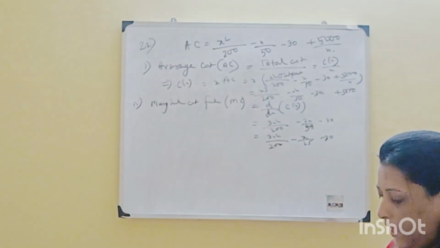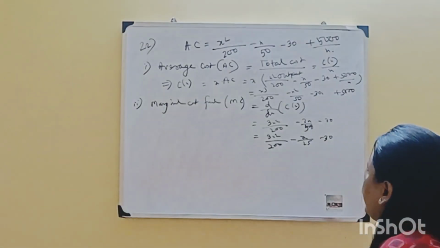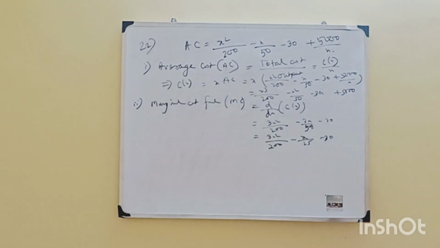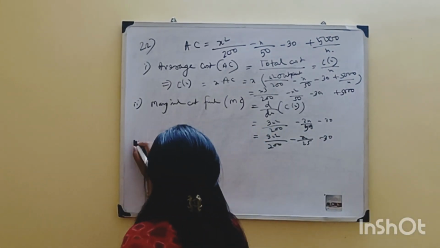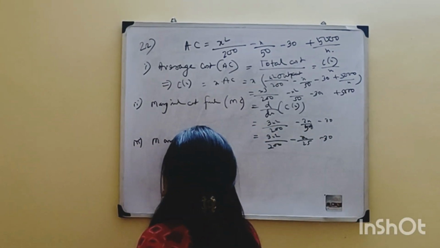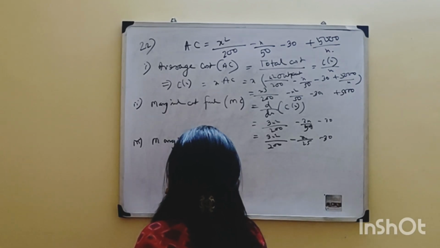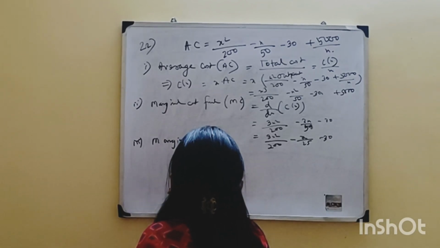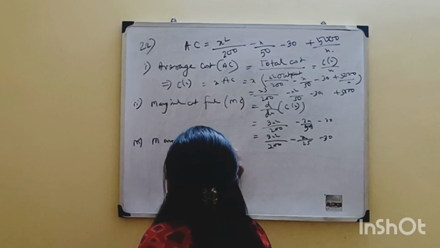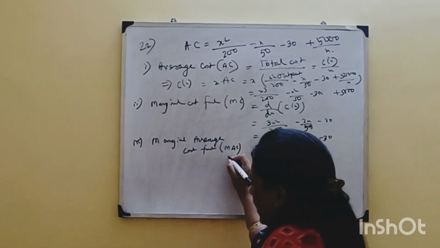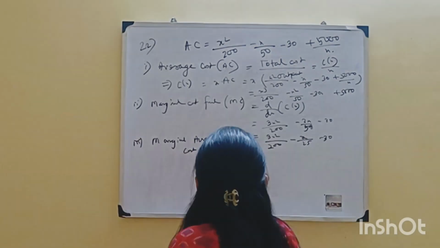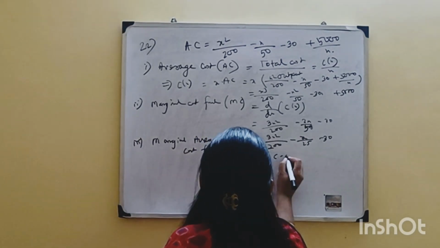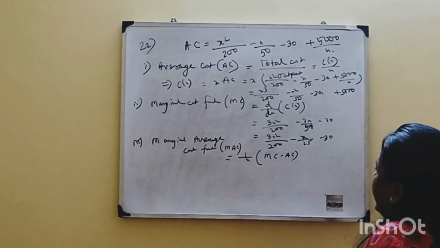Now we have to find the marginal average cost function. First, all of you write down this, then I will go on. Marginal average cost function, MAC, is equal to 1 by x into (MC minus AC).